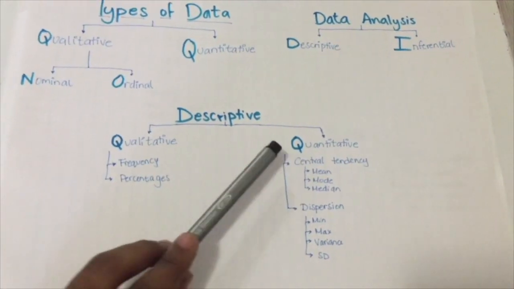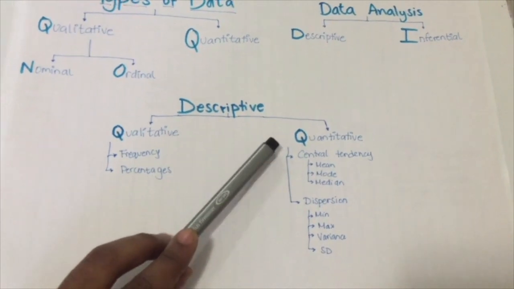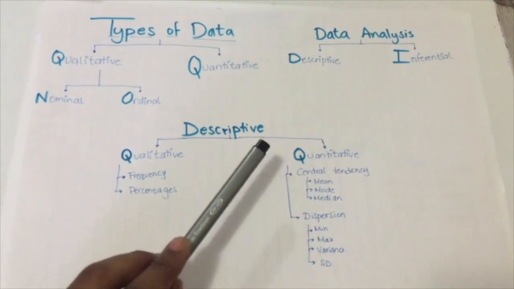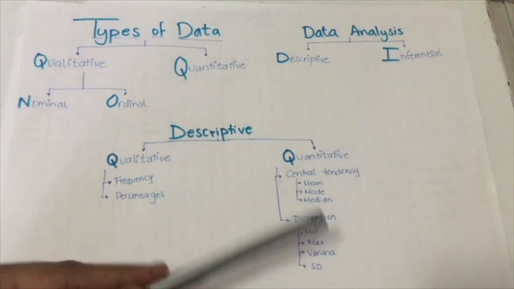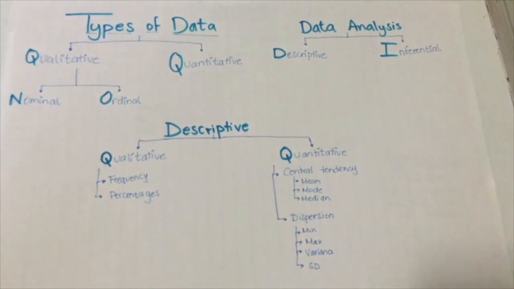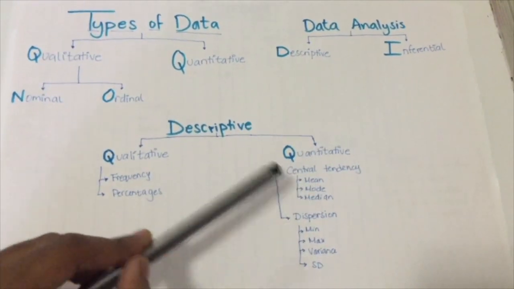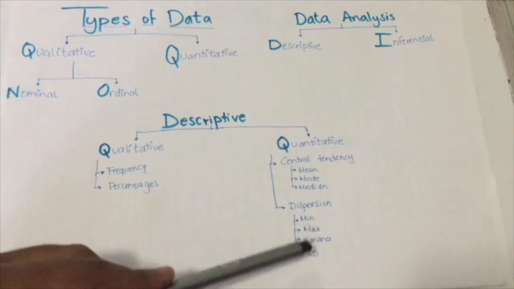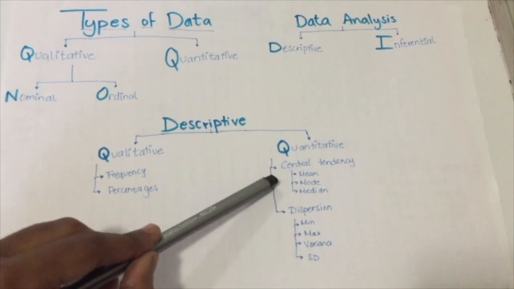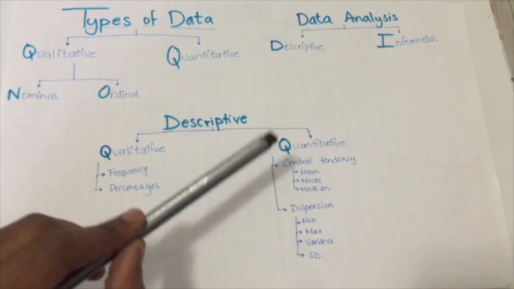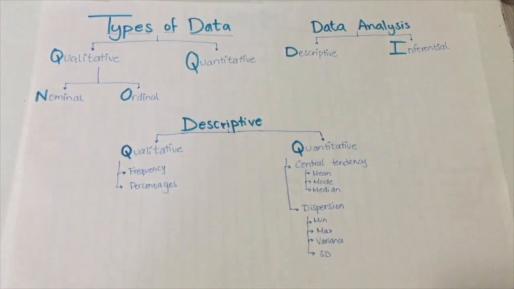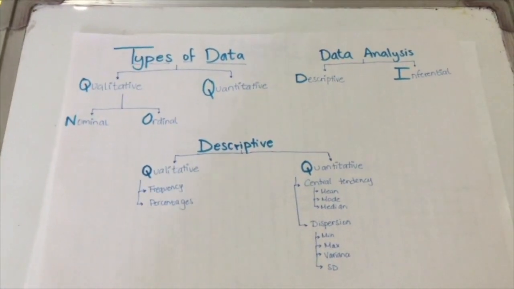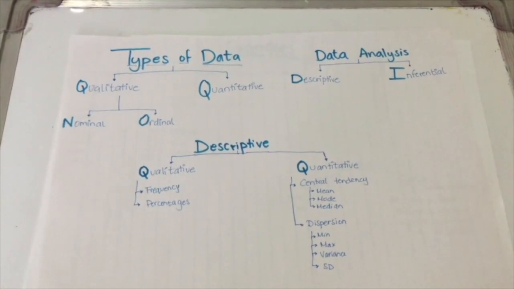So when we're talking about quantitative, however, these are numbers. As you can see here, they are numbers. So if it's numbers, then we can actually calculate the mean, and so on. We have two measures of doing this: measures of central tendency and measures of dispersion. When we're talking about measures of central tendency, we mean things that show you where all the data meet, or what the center of the data looks like.